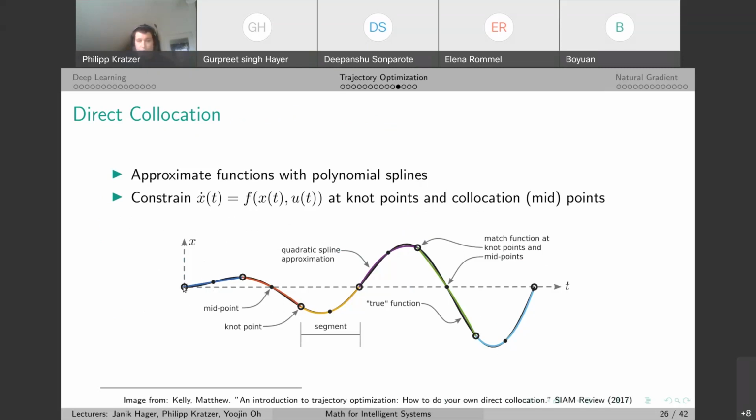You then usually just add constraints for the start and end of the spline and for knot points, and optimize in a way that you optimize for splines. I don't want to go into too much detail here. If you're interested, you can look up this source, an introduction to trajectory optimization, how to do your own direct collocation. There's also a video on YouTube about this.